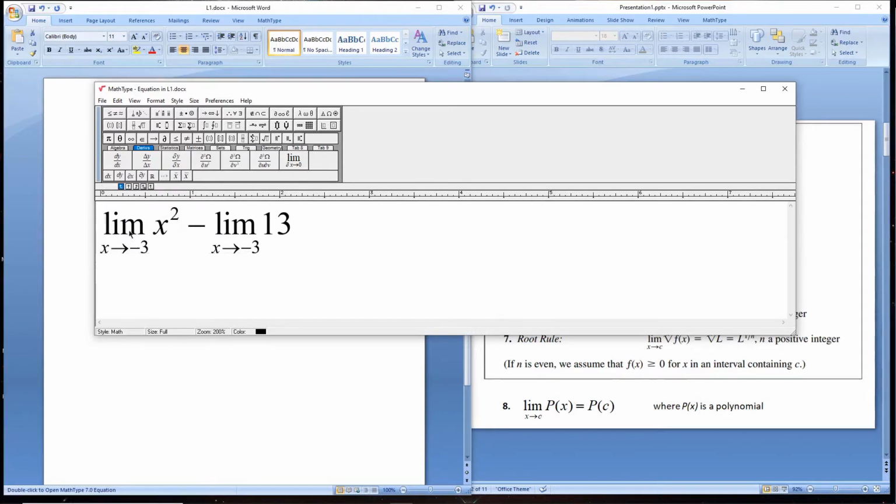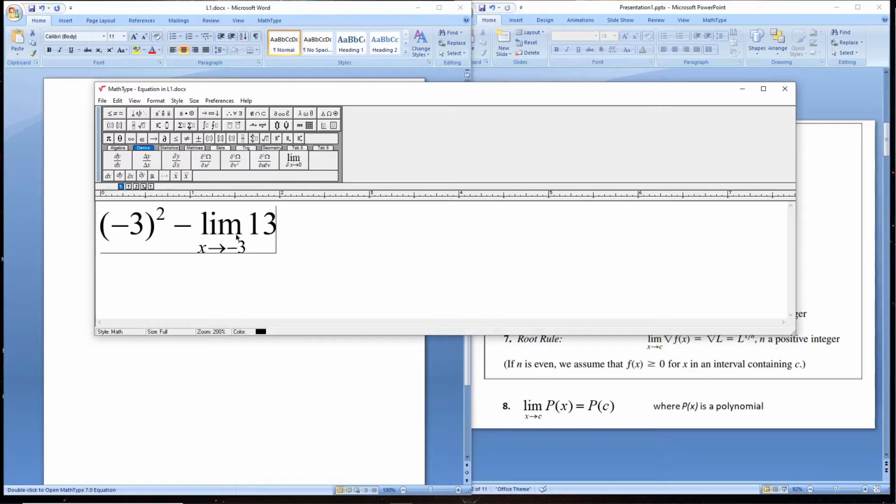So this limit here is just plugging in minus 3. That's property 8. The limit of all polynomials is just simply straight function notation. Just plug that c in.